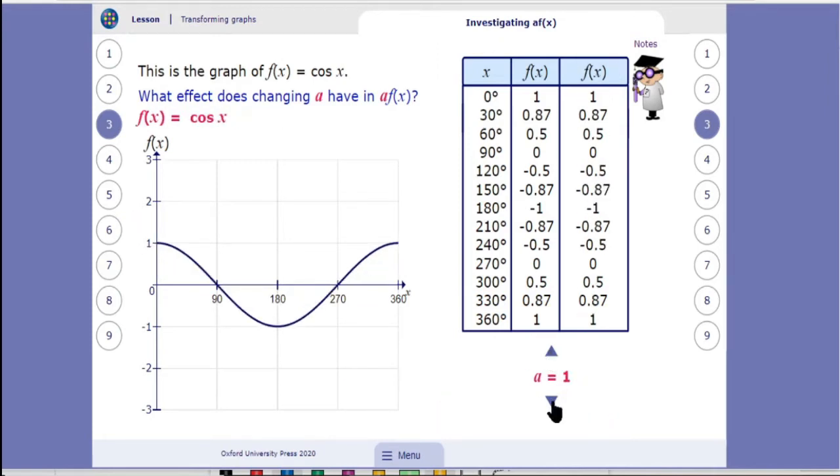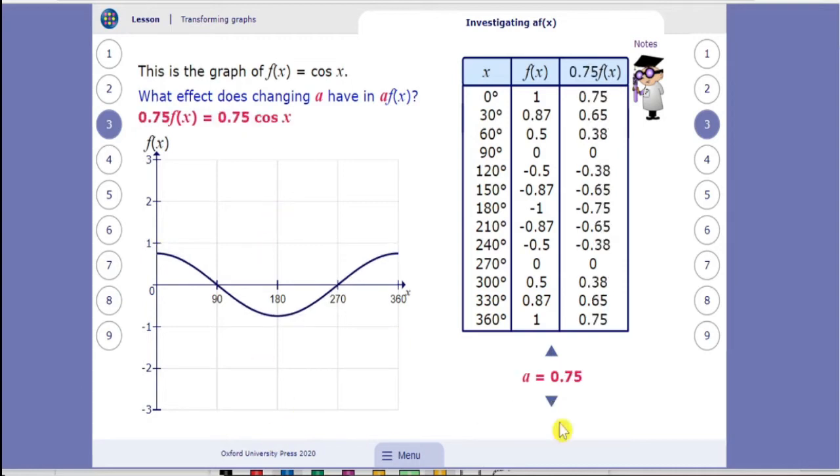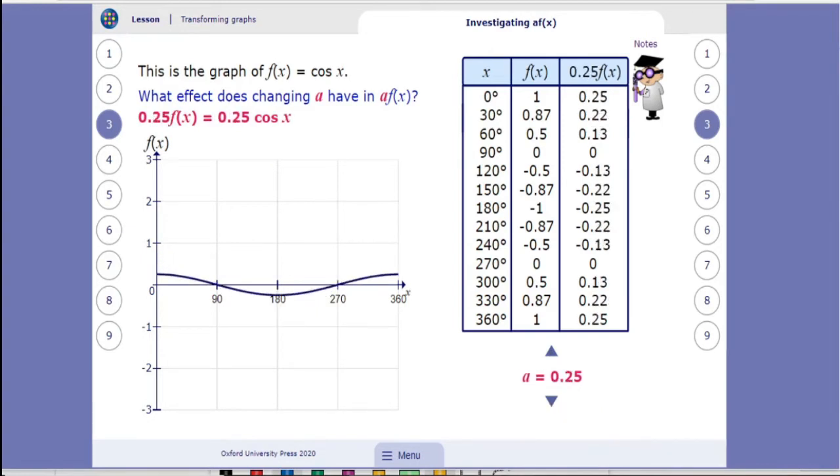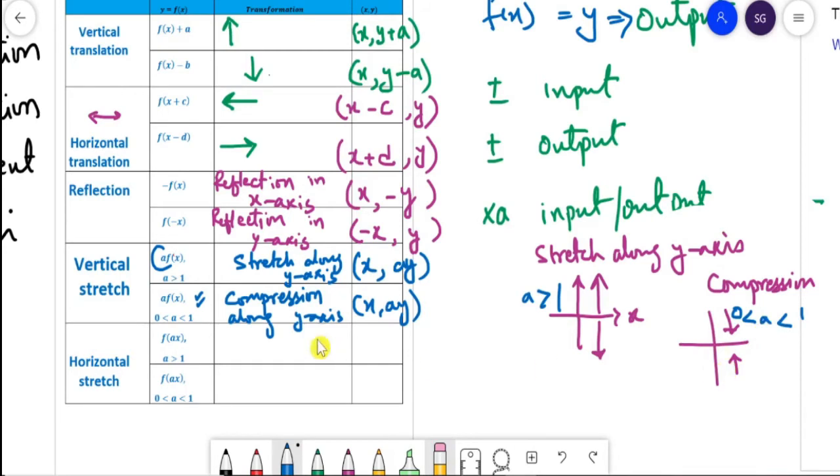So if a is less than 1 but greater than 0, this graph is being pushed towards the x-axis, as you can see, and we call it the compression. So stretch along the y-axis is when a is greater than 1, and compression along the y-axis is when a is between 1 and 0.